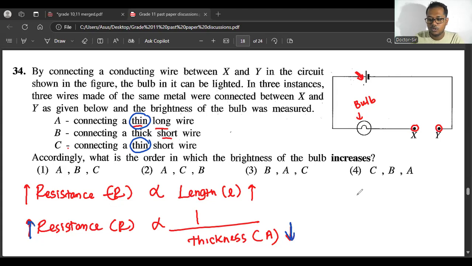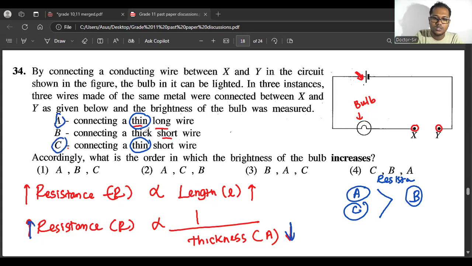So now we can tell A and C have more resistance than B, because B is a thick wire. Now we can distinguish A and C by their length, one long and the other short. If the length increases, resistance will increase.